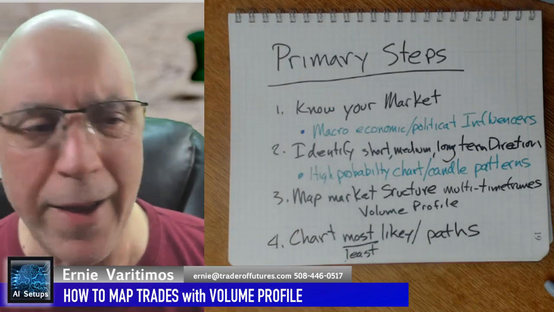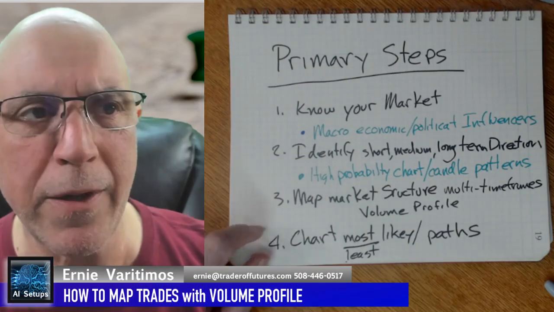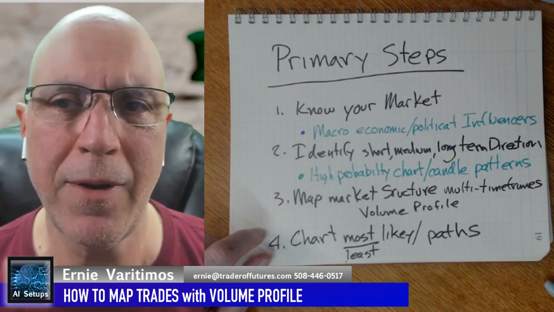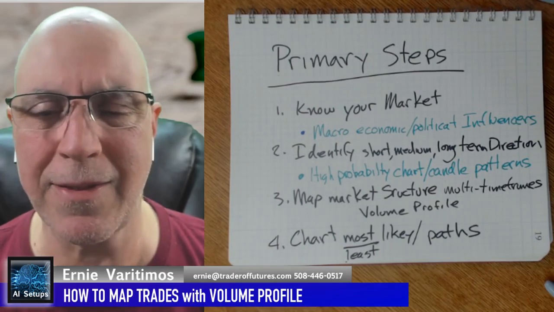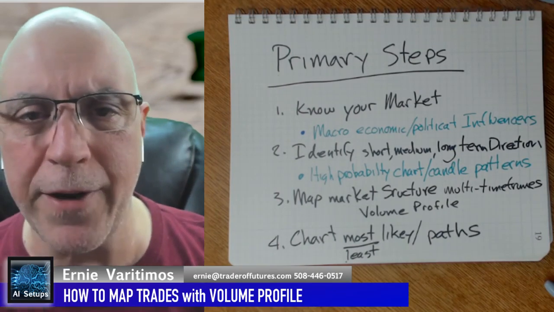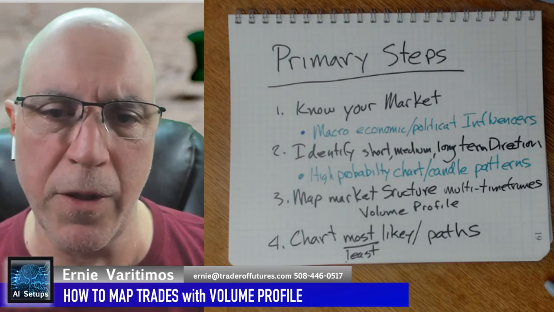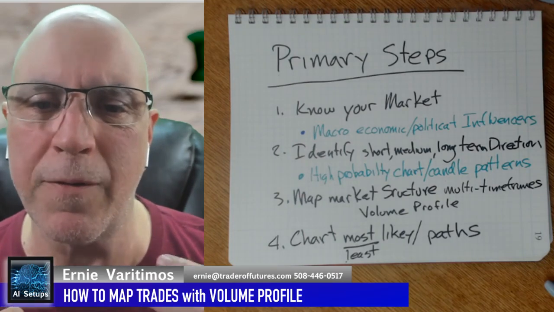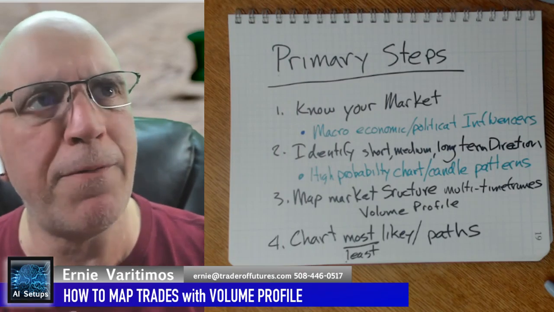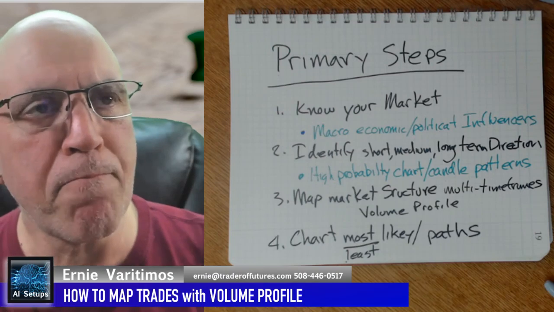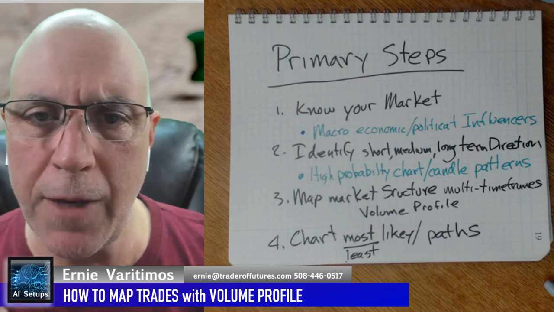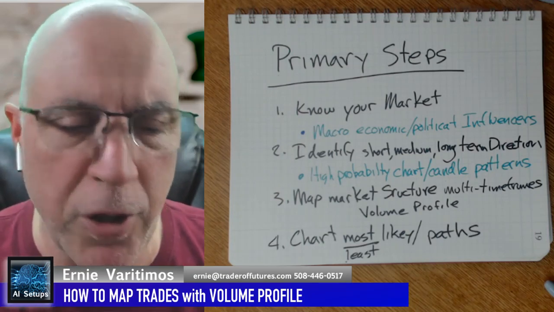Now, this sounds like a lot, but once you get to this point, to number 4, and you have paths already set up, and it makes sense, you're going to get a level of clarity in terms of the trades that you want to take, the amount of money that you want to put towards them, and just the overall level of whether or not you think that has a good chance.